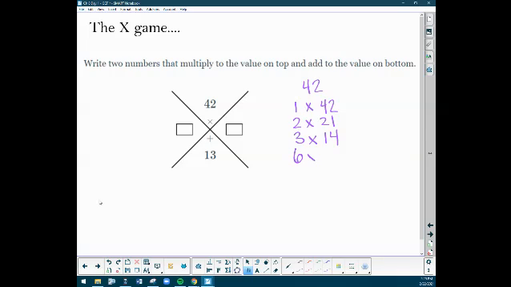And then 6 times 7 is 42. And I think that's it.